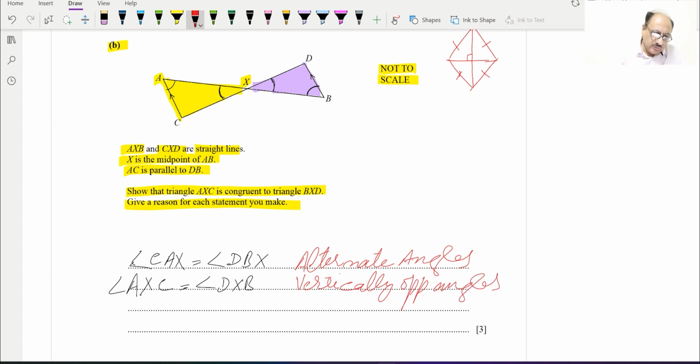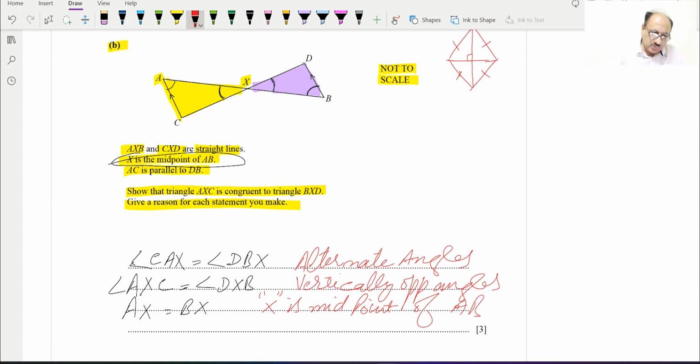The third one we can write is AX. It is given basically that AX is equal to BX, because they have mentioned that X is the midpoint of AB. So we can write here X is midpoint of AB.